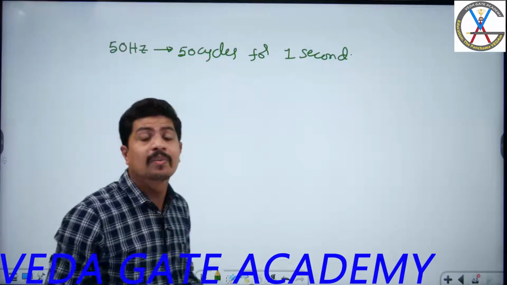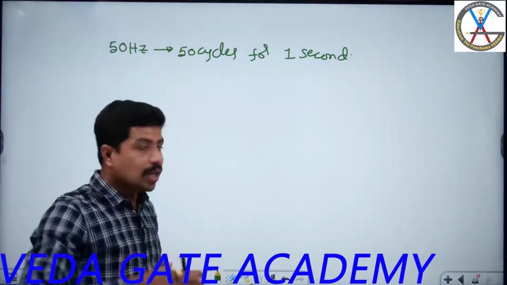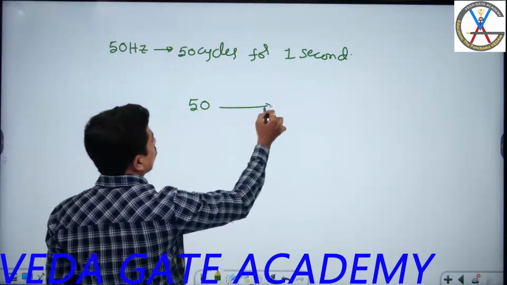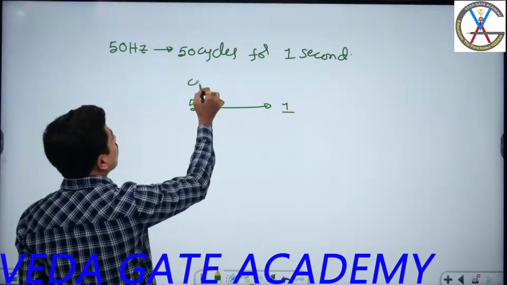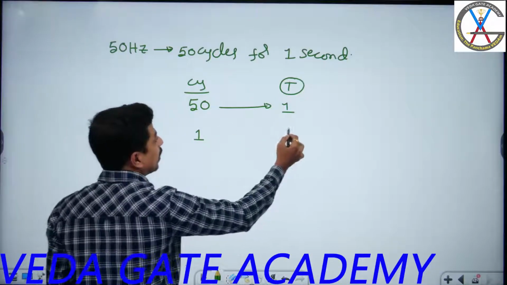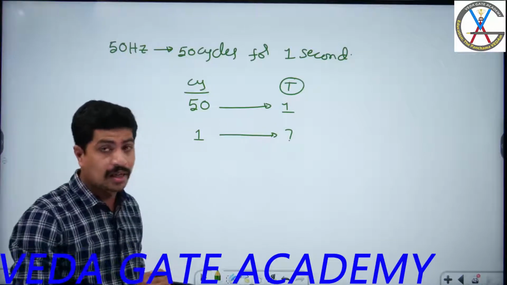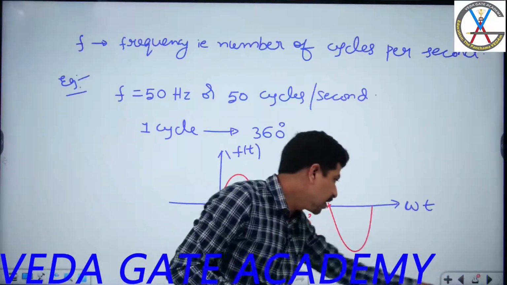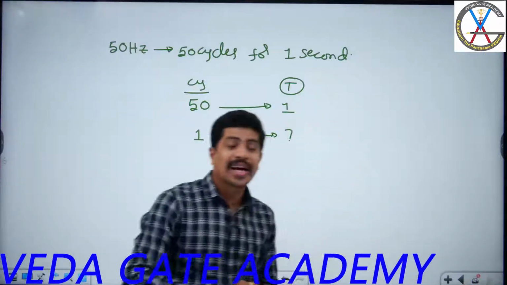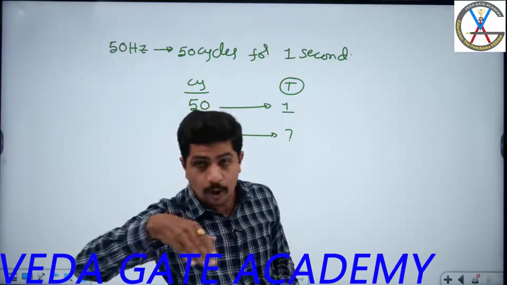50 cycles. Then my question is, how much time is taken to complete one full cycle? 50 cycles in 1 second. This is the number of cycles, this is time t. One full cycle means 360 degrees, the current varying from 0 to peak, back to 0, to negative peak and 0.